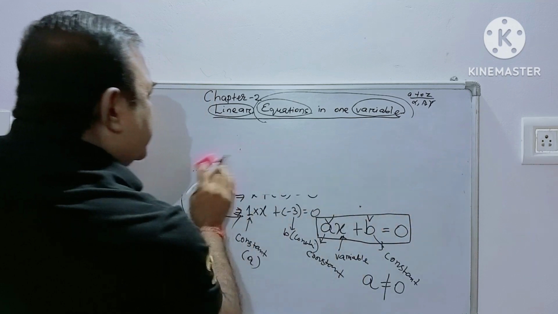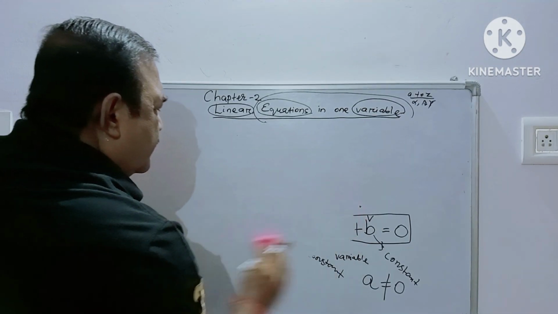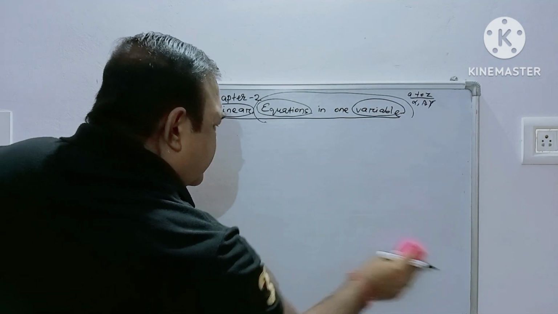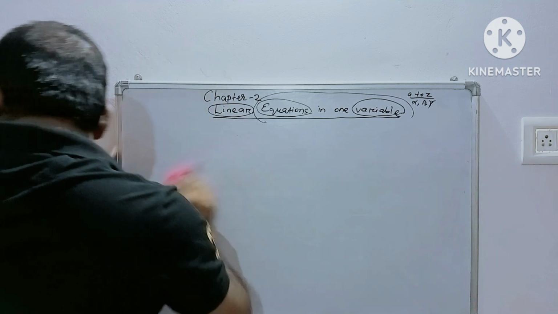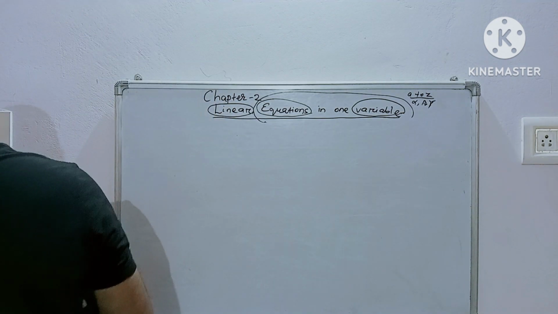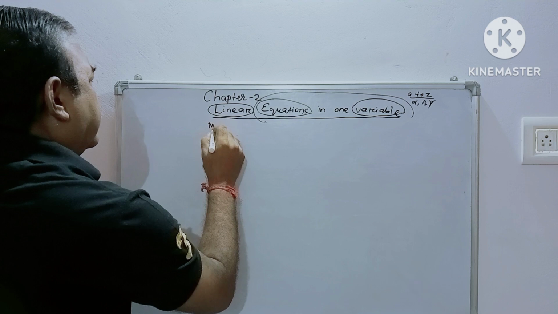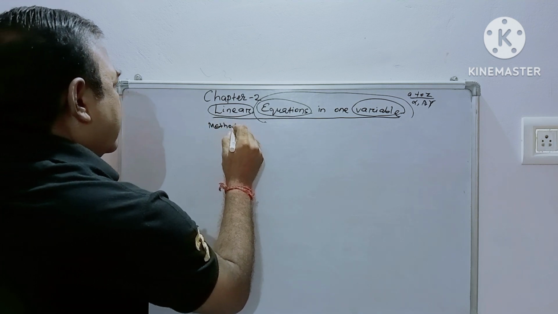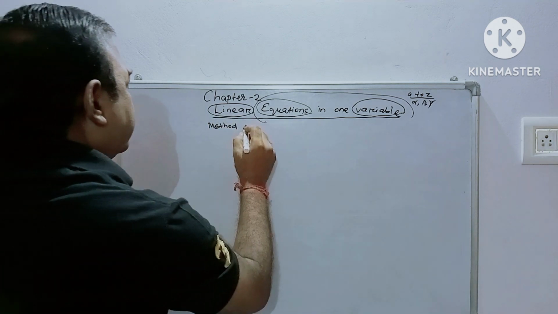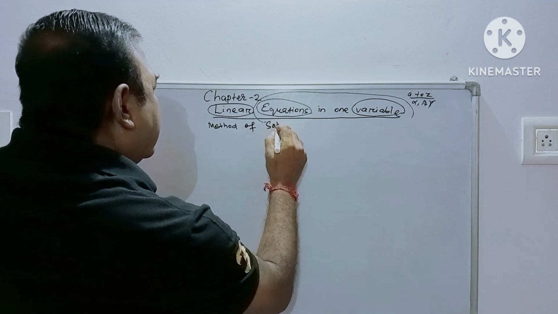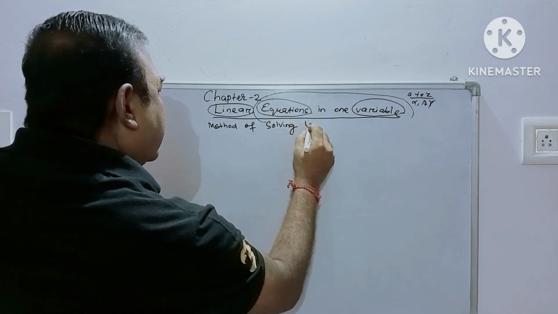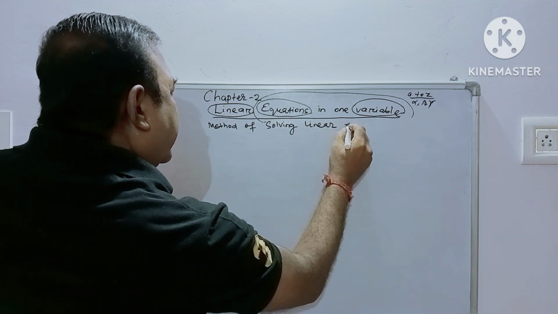So this is chapter 2. Chapter number 2. So for the method of solving linear equations, I want to make you recall.